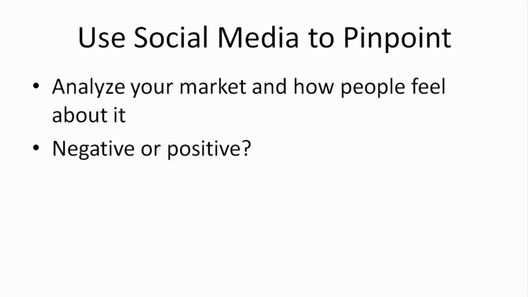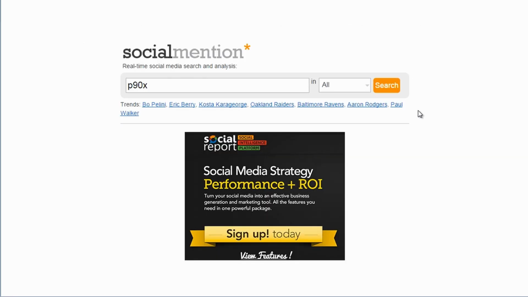There are many different tools out there, many that are free, many that are paid, and fortunately this tool is free, but it's very powerful. So let me go ahead and show you the tool and show you how to use it. Alright, so this tool is socialmention.com. That's socialmention.com. It's a real-time social media search and analysis tool.